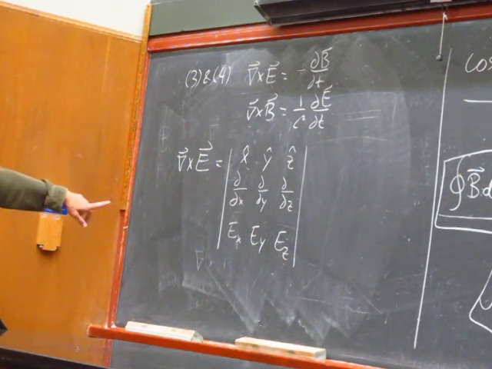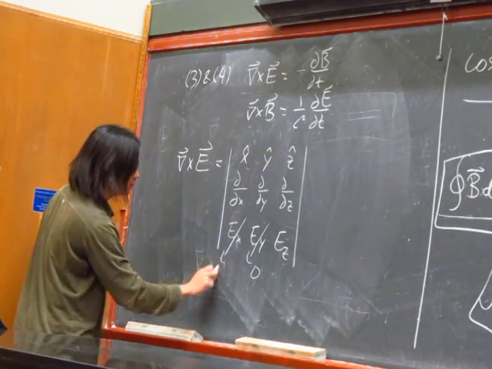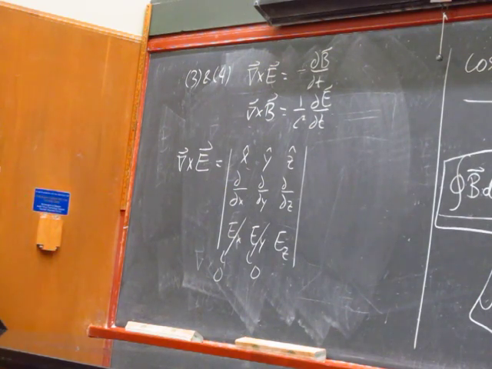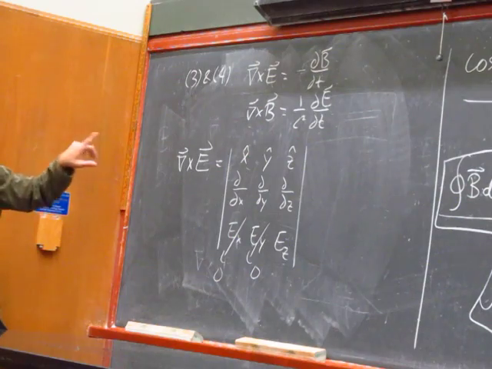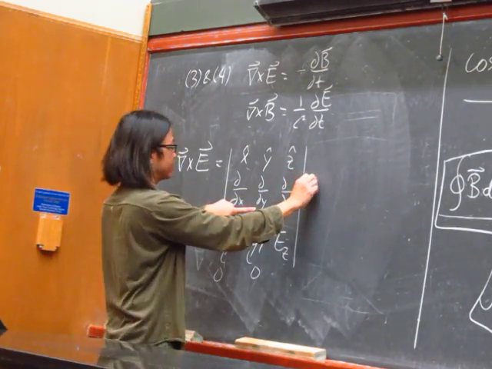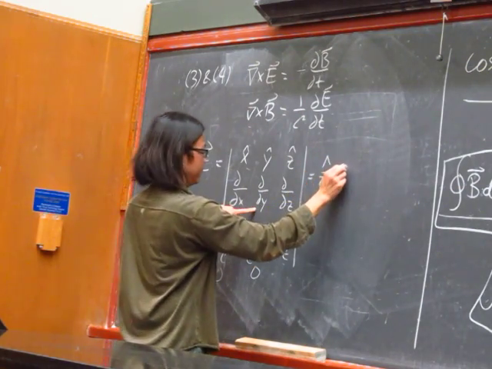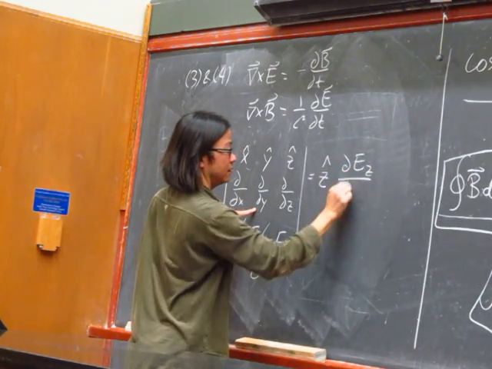So I only have E_z here, the other components are 0. And the only functional dependence of the electric field is on y. So this will only give me one term, and that one term is along the x direction, dE_z/dy.